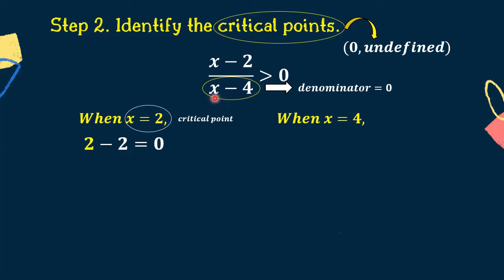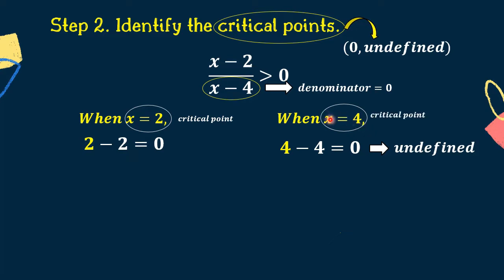When we replace x by 4, it will become 4 minus 4, which is 0. Kapag ang denominator natin ay 0, automatically, it will be undefined. So, therefore, we can conclude that 4 is a critical point. So, we have two critical points, 2 na makakapagbigay sa atin ng 0 quotient, and we have 4 critical point which will make our expression undefined.